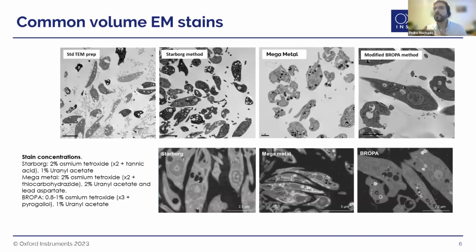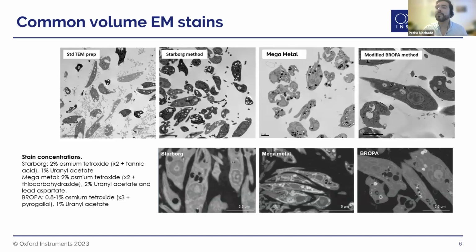We see that the Megametal has very strong membranes. Starborg maybe looks a bit fuzzy. We don't have too much definition, even though there's a big contrast between the samples and the background. And Bropa seems to be somewhere in between, where you can appreciate some high-resolution details on the membranes, and you have some types of organelles that are more contrasted than the rest.